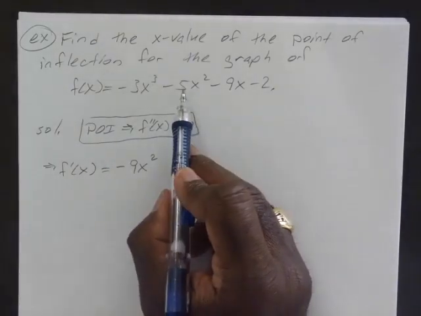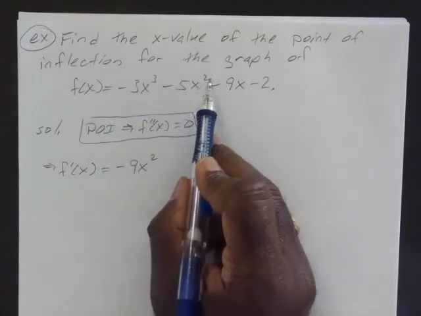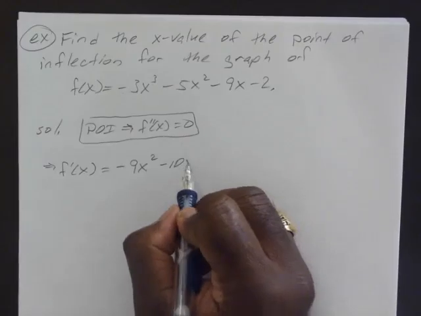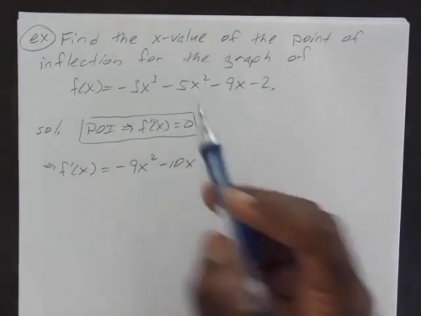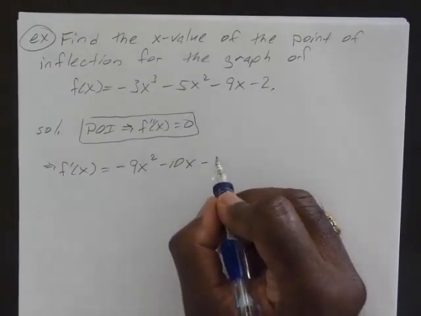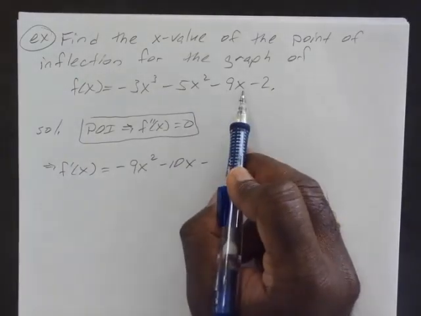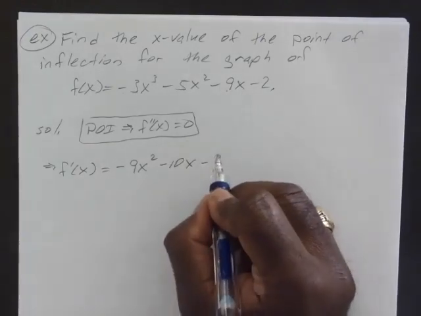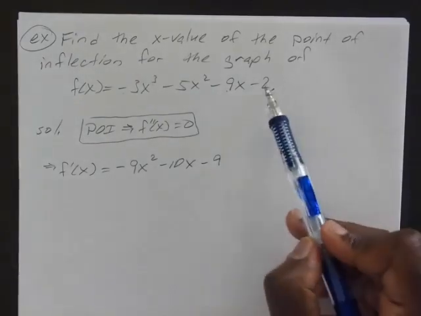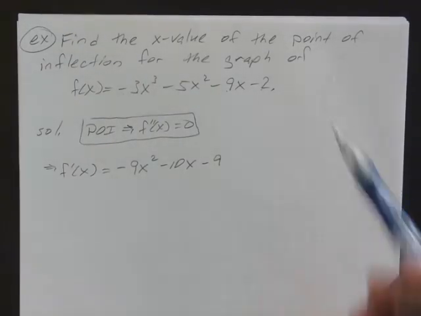So we have negative 5 times the derivative of x squared. We bring down the 2. So negative 5 times 2 is negative 10 times x to the power of 2 minus 1, which is just 1. Minus 9 times the derivative of x. We know the derivative of x is just 1. So negative 9 times 1 is just negative 9. And the derivative of 2 is just 0 because it's constant.